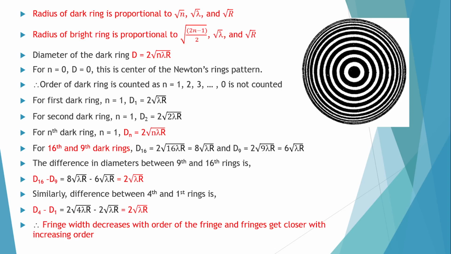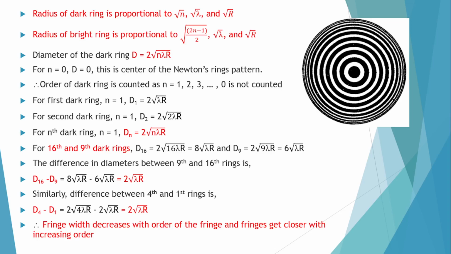And from the first to the fourth ring, only 3 rings are there. They are again accommodated in the same space. It clearly means that when the order of the ring is increased, the fringe width decreases. The width of the ring decreases and fringes get closer together.